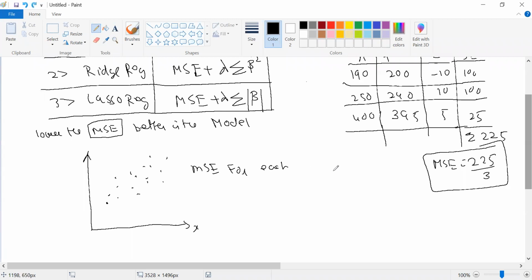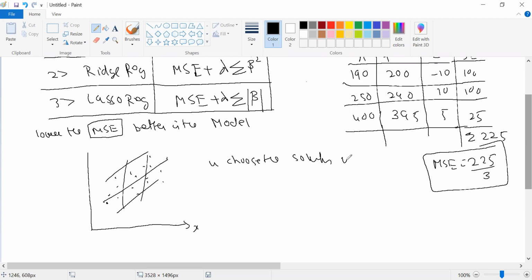Out of so many solutions which exist, you choose the solution where MSE is least, because I'm saying lower the MSE, better is the model.